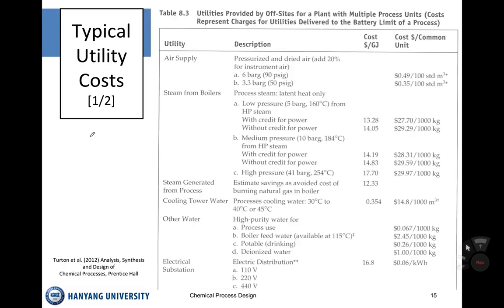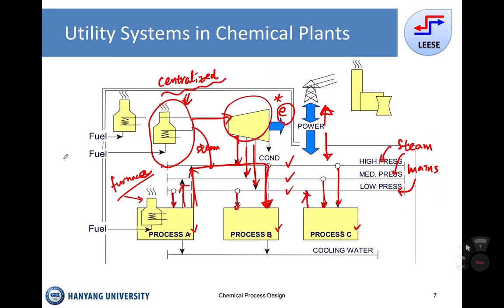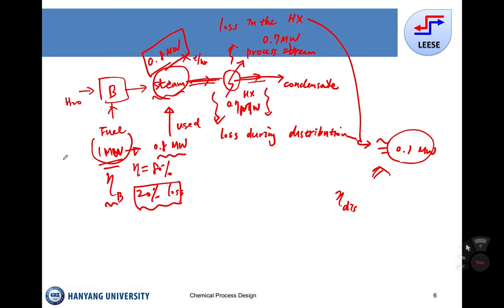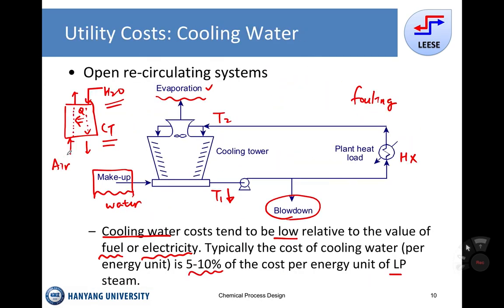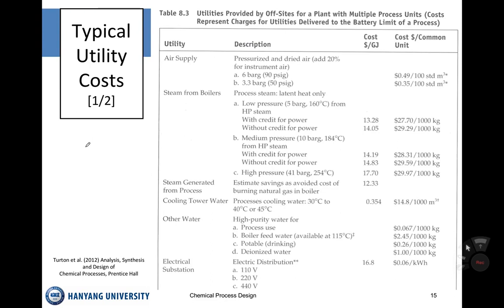Before going to the working sessions, I'm going to explain a very important issue related to the utility cost. We have refrigeration, cooling water and steam. Let's say this axis is the cost and this is the temperature.